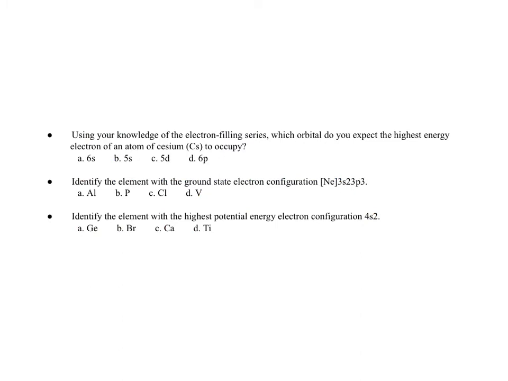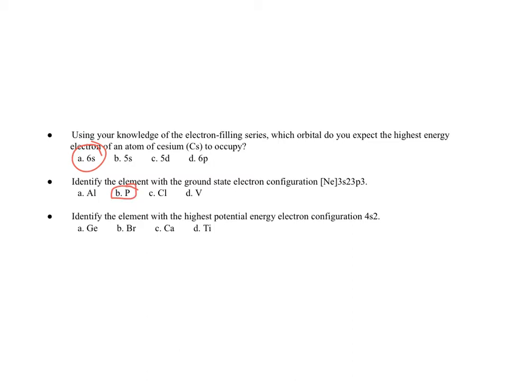So looking on the periodic table, I find cesium, Cs, to be in the 6th energy level, and so we know that it's going to occupy this 6s. Then I look for the element with the ground state electron configuration of 3s2 3p3, which now means that we're in the p block. 3p3 goes to phosphorus, so it's P, right?